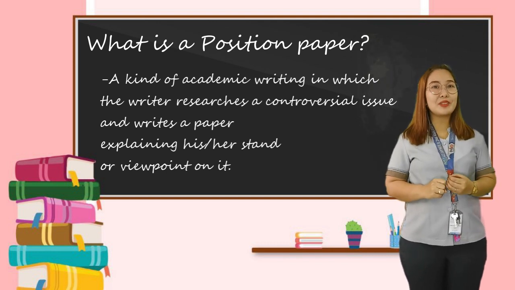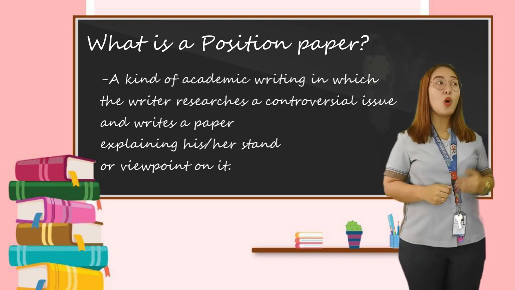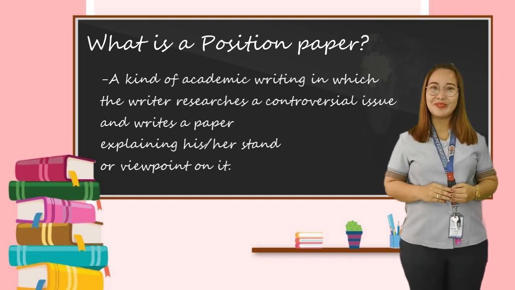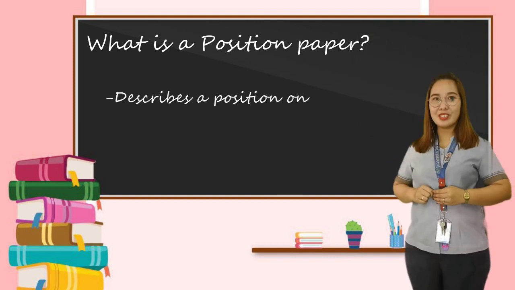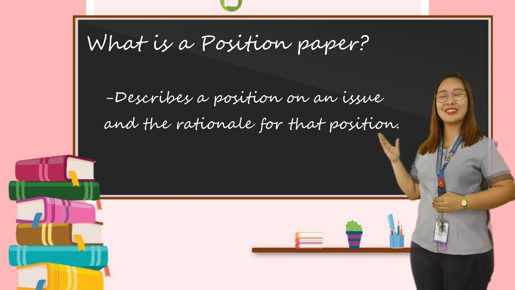Now, this writer will eventually write a paper explaining his or her stand or viewpoint regarding this particular issue. It also describes a position on an issue and the rationale for that position.